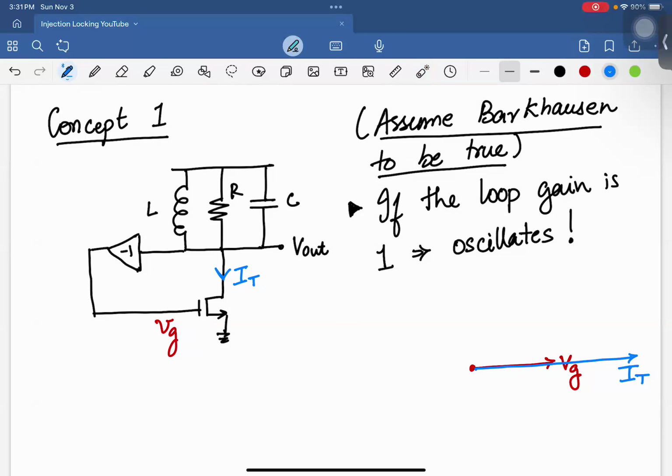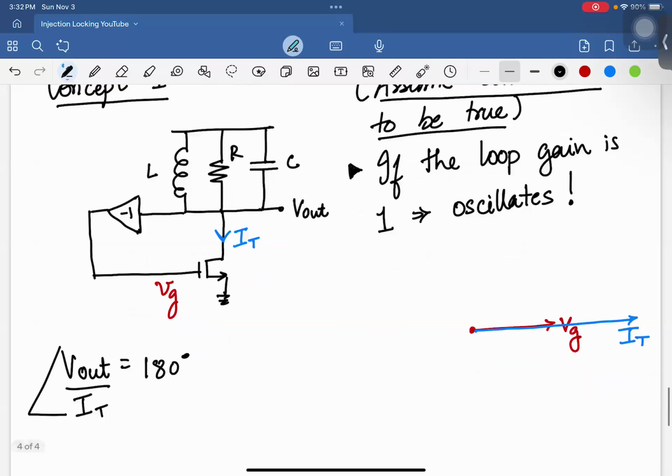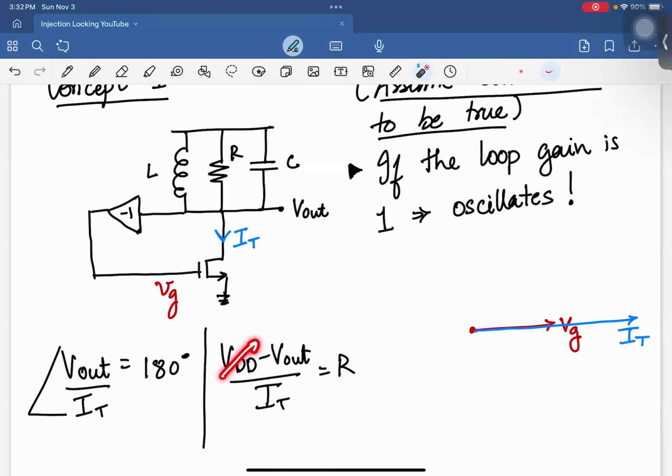So let's write it out, right? So V out over IT, and the angle of this is 180 degrees, right? Because VDD minus V out over IT is purely real, and that's R, right? So if you look at it at an AC condition, then this VDD goes away, and then you get V out over IT is minus R, right?